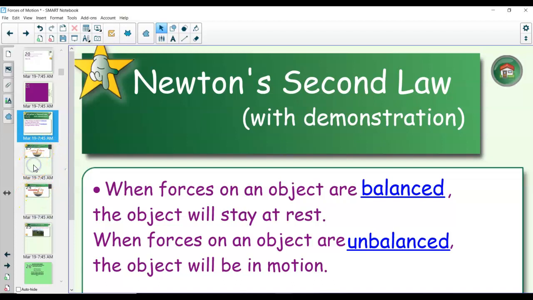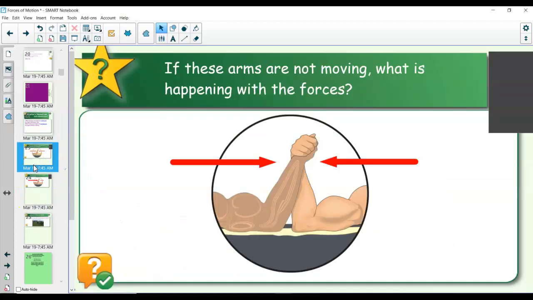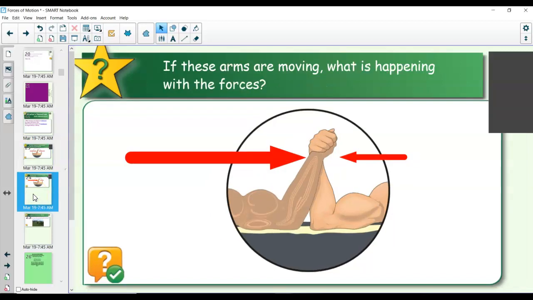So let's look at this a moment. If these arms are not moving, what's happening with the forces? If they're not moving, they are balanced. If these arms are moving, what is happening with the forces?